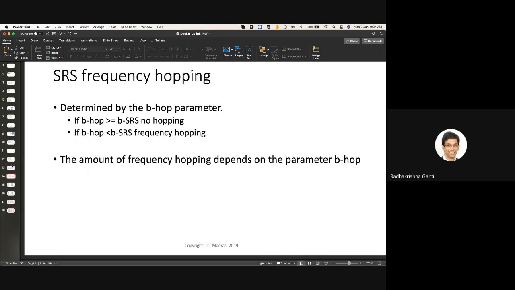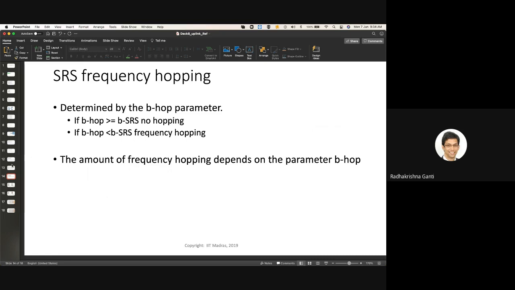Okay. So there's something called frequency hopping also. What happens in frequency hopping? Suppose your total bandwidth occupies a 128 length SRS.